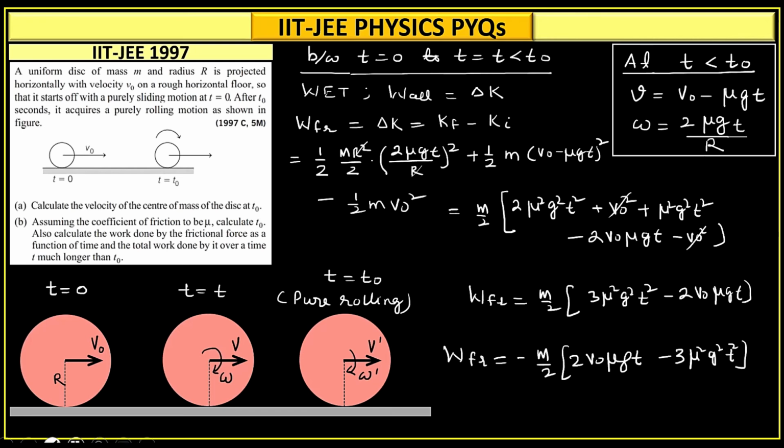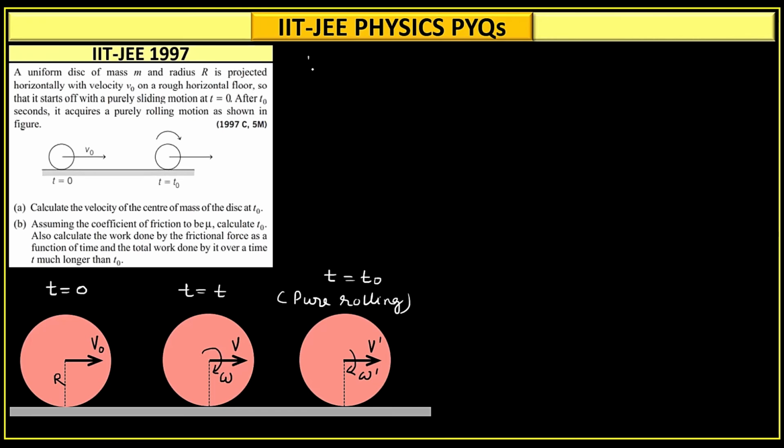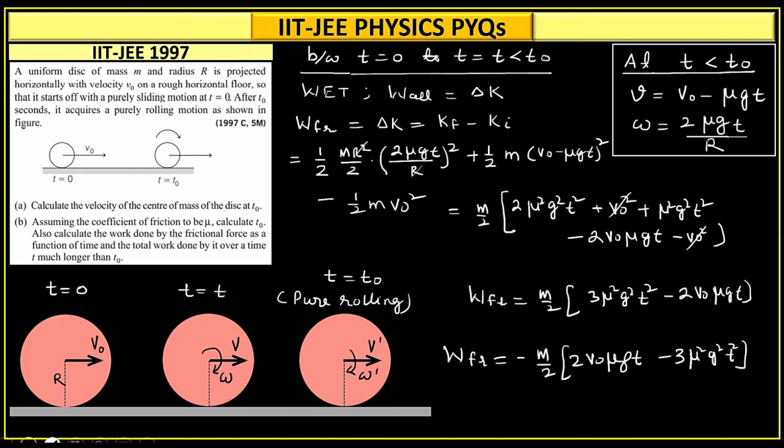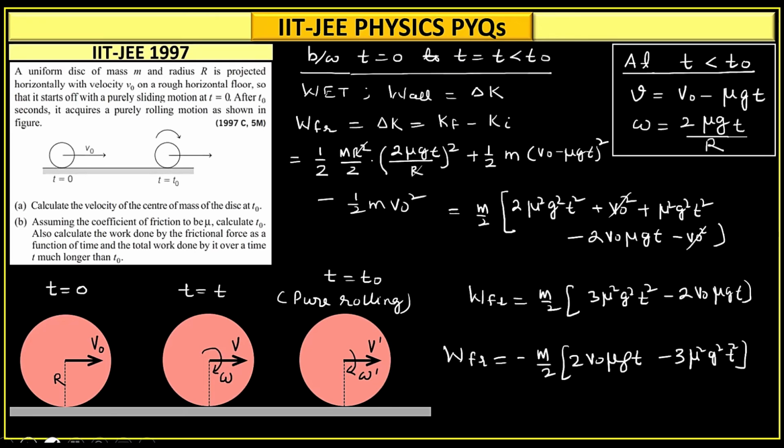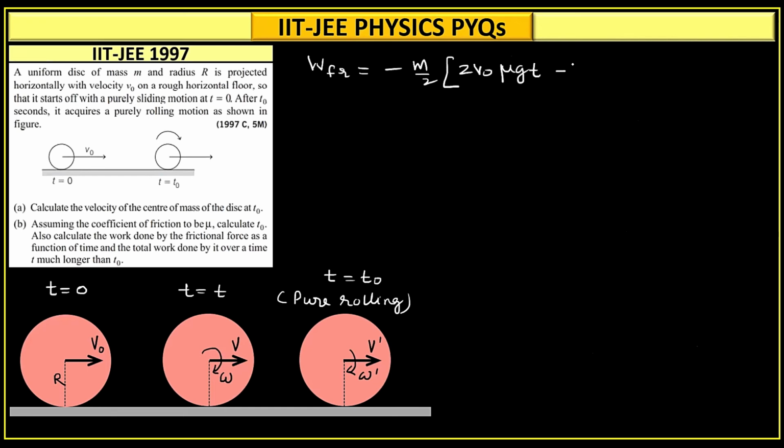So let me go to the next page. Let me write this friction work done again as minus m by 2 into 2 v naught mu g t minus 3 mu square g square t square. This is the work done for the interval t less than t naught, and I can include the equality sign also.